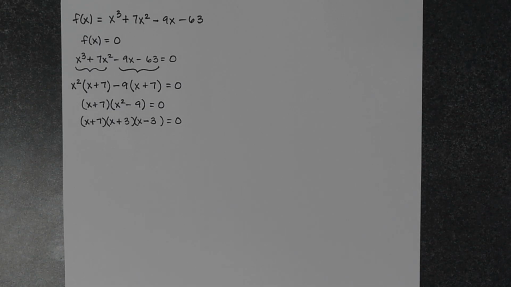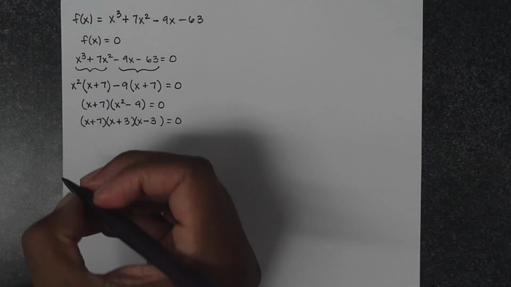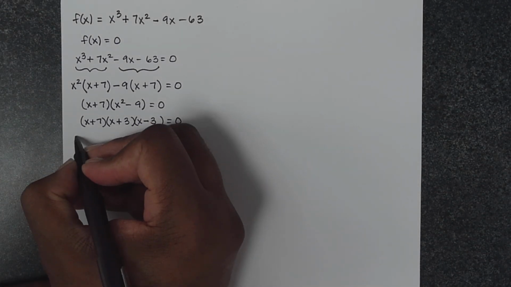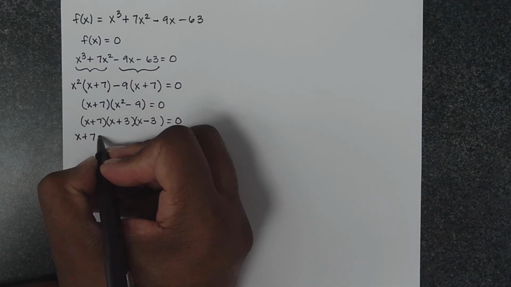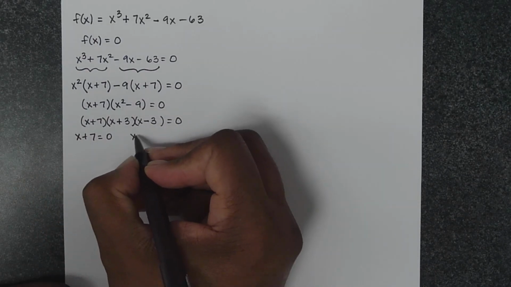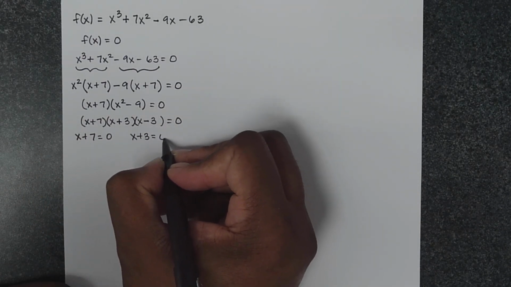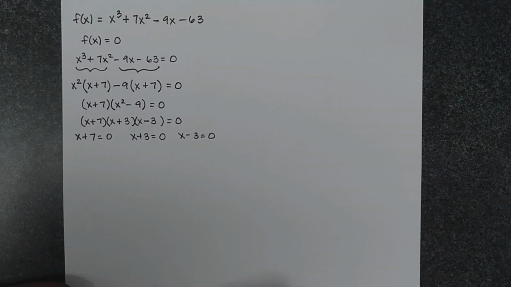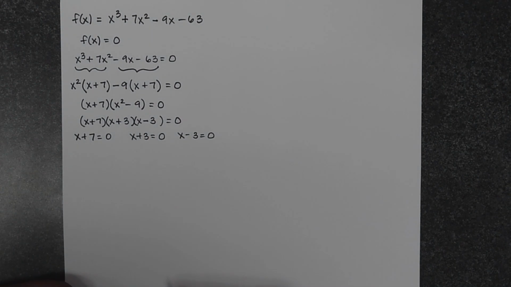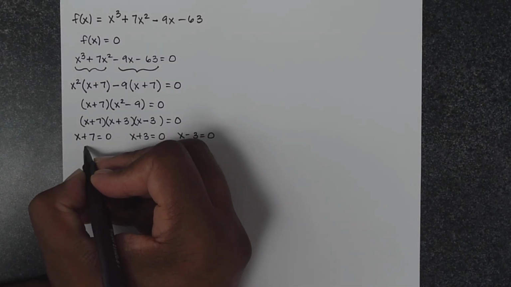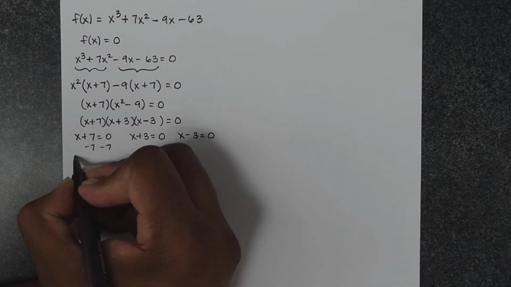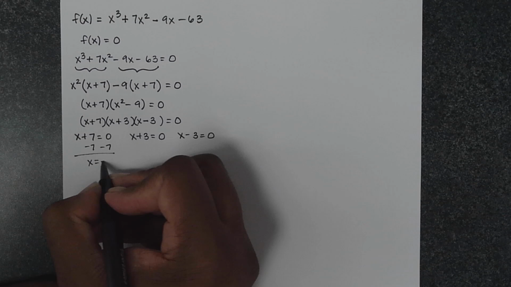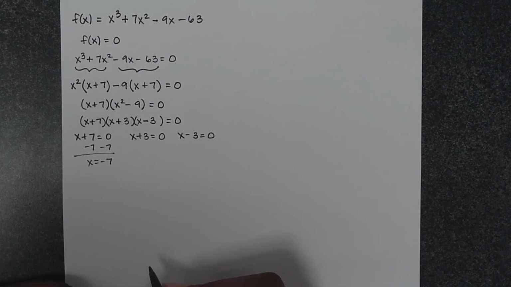Now I'm going to set each binomial factor equal to 0 and solve for x. So here I'm going to have x plus 7 equal to 0, then x plus 3 equal to 0, and x minus 3 equal to 0. Each one of those I'm going to solve for x. For x plus 7 equal to 0, x is equal to negative 7.